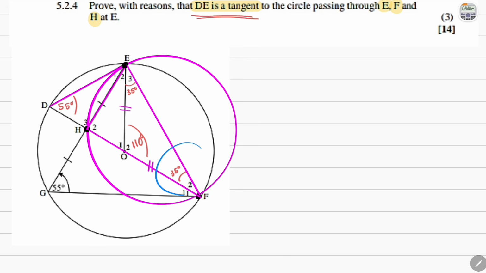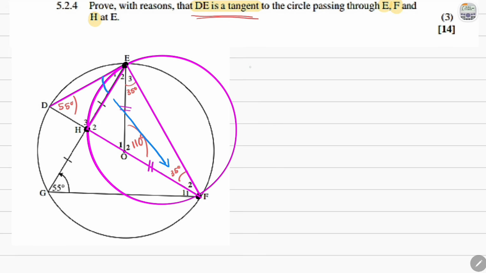Do you see that we've got this angle, 35 degrees? And do you see that we also have this? So this is supposed to be a tangent. We're trying to prove that it's a tangent. For it to really be a tangent, the angle between this supposed tangent and this chord should be equal to the angle at the circumference of the circle subtended by this chord.